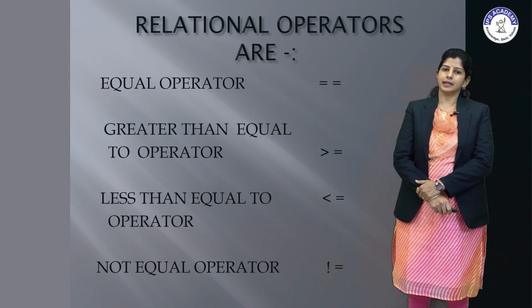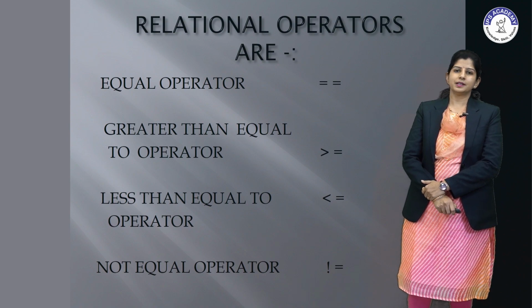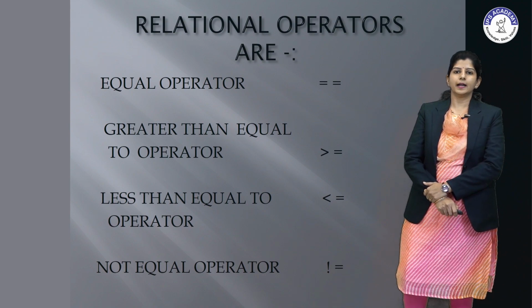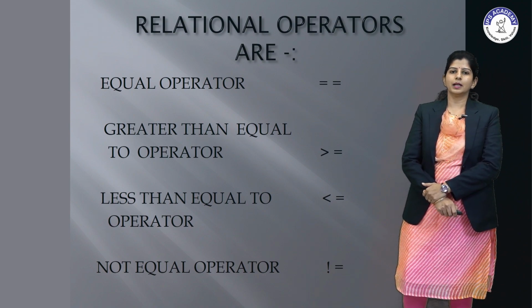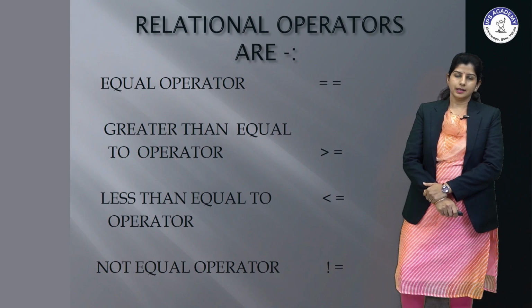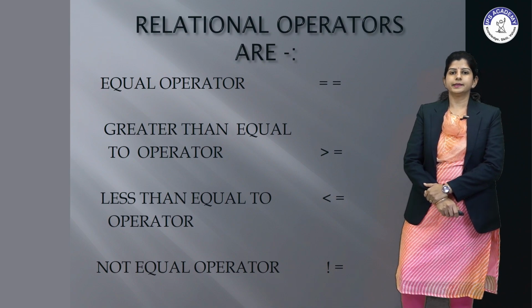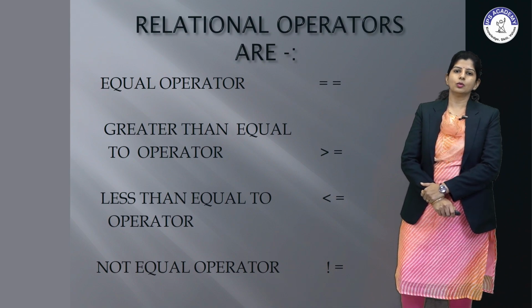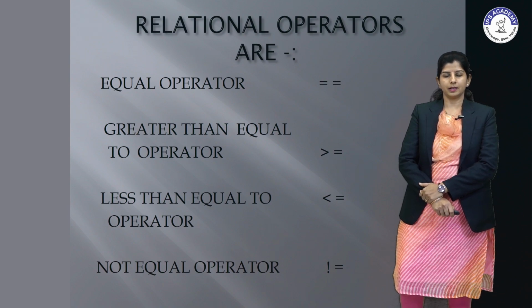First one is the equal operator. The first confusion for everyone is this: equal is only a single equal sign which we use, but not in C. When we use a single equal sign, it is known as the assignment operator.